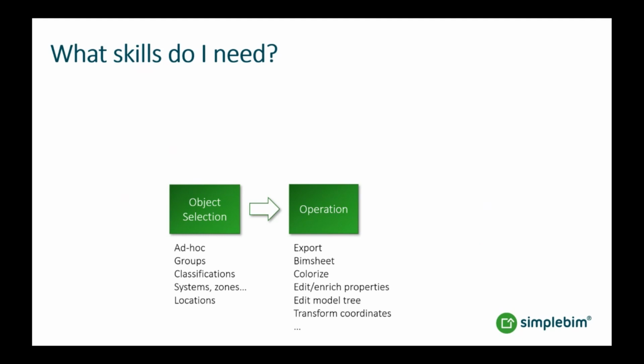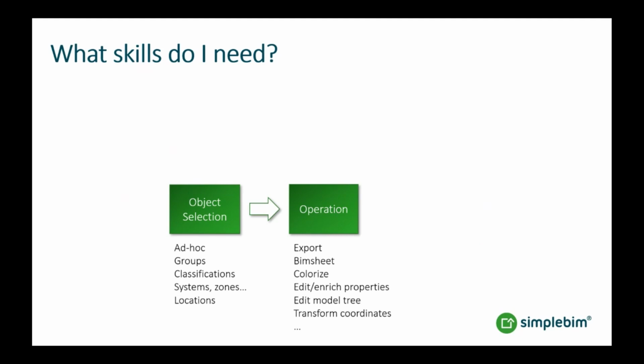Like this IFC export, you could export everything. But if you, for example, wanted to export only the objects in one building story, which is one of the examples of today, then you have to make a selection which contains all the objects in that one building story. And then you use that selection in the export operation.